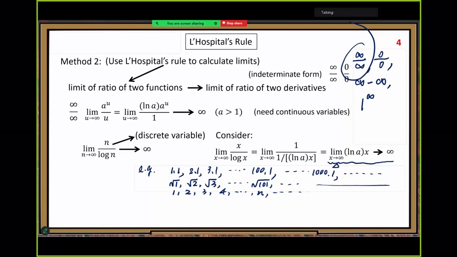Because we just take the special sequence of discrete values, consecutive positive integers, as our x sequence to approach infinity. So, no problem. Legal. All right, so we answer this question.